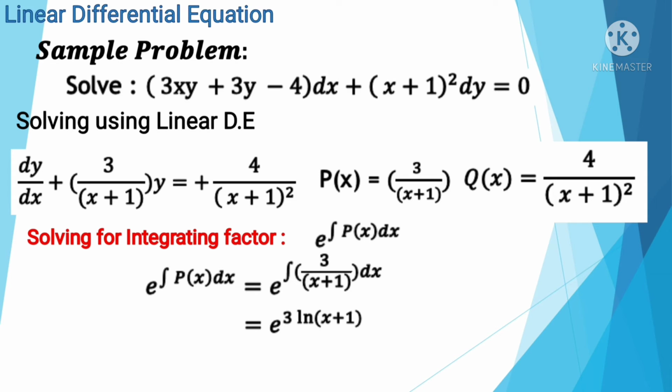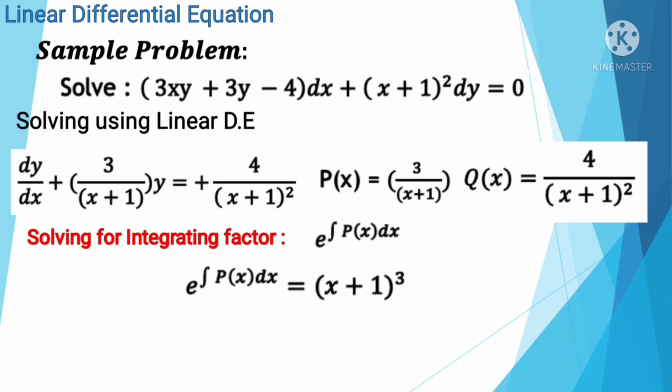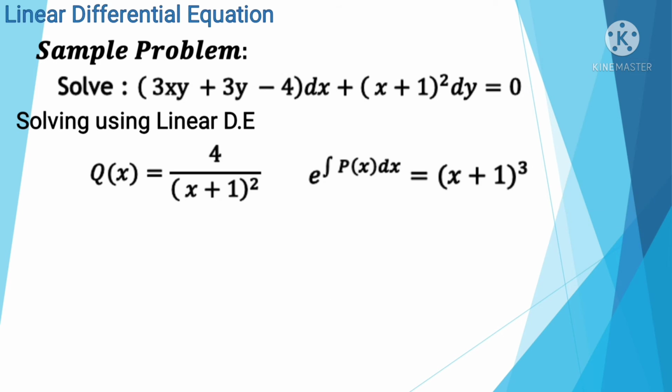Accordingly, we can have the constant 3 as exponent of x plus 1. So it will be e raised to ln of the quantity of x plus 1 cubed. E raised to ln of an expression is equal to that expression, according to the properties of natural logarithms. So this is our new equation: e raised to the integral of p of x dx is equal to the quantity of x plus 1 cubed.